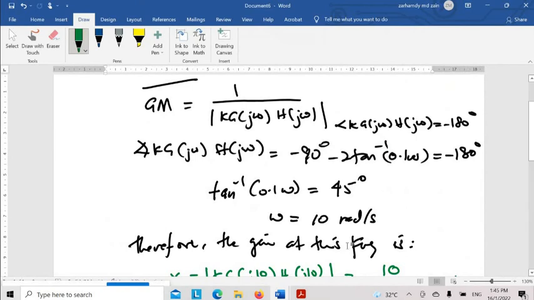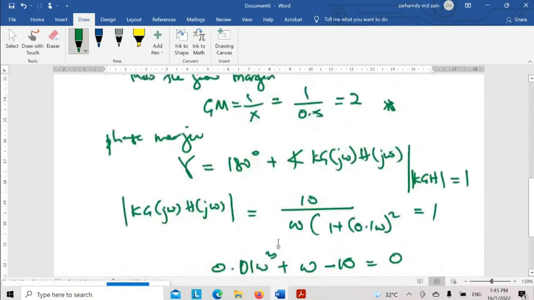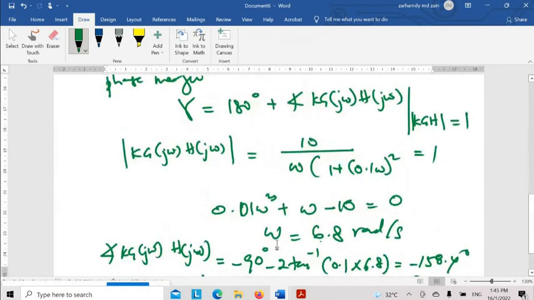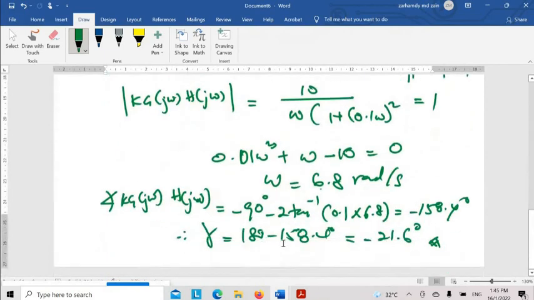Lagi ada soalan lagi tak? Doktor, phase margin tu nanti positif ke negatif? Yang phase margin yang last kali doktor tulis tu negatif? Yang mana? Bawah ni sikit tu. Ni kan negatif ni. Tu negatif, dia 180 minus 158 tu kan? Dia bukan positif tu? Astagfirullahaladzim.